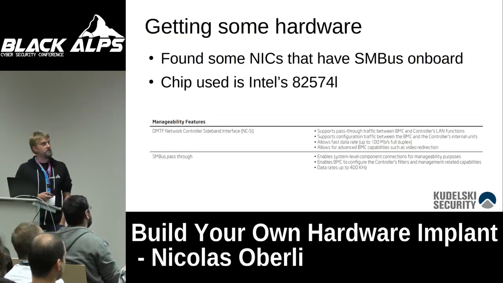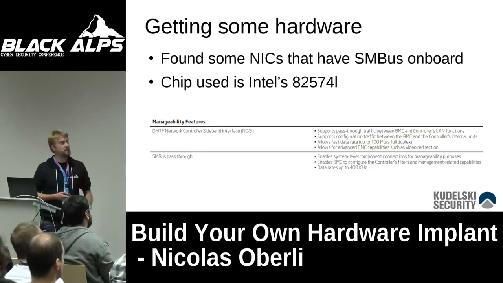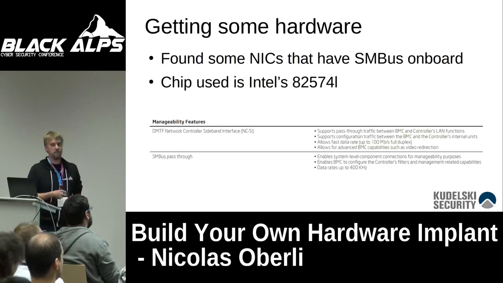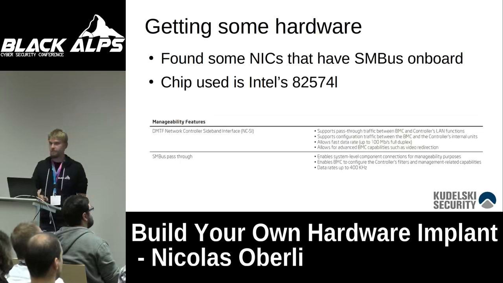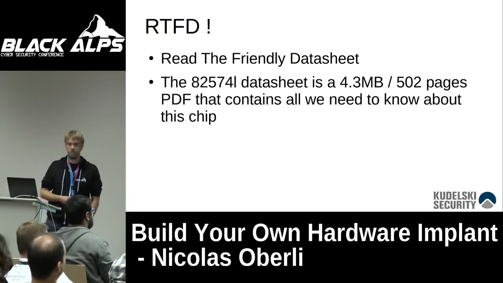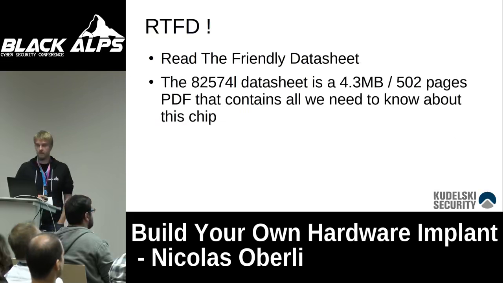So I found on some websites PCI Express network cards that are using a specific chipset. If you look at the information on the website, you see there is something called SMBus pass-through on that chipset. This is a good thing, so I ordered some of those boards and started to look at the datasheet.